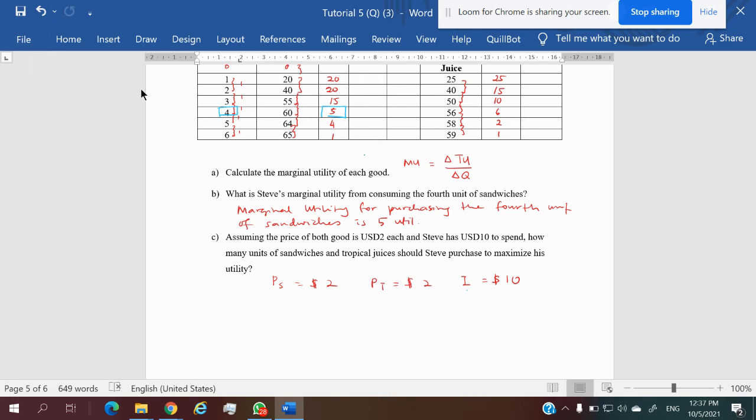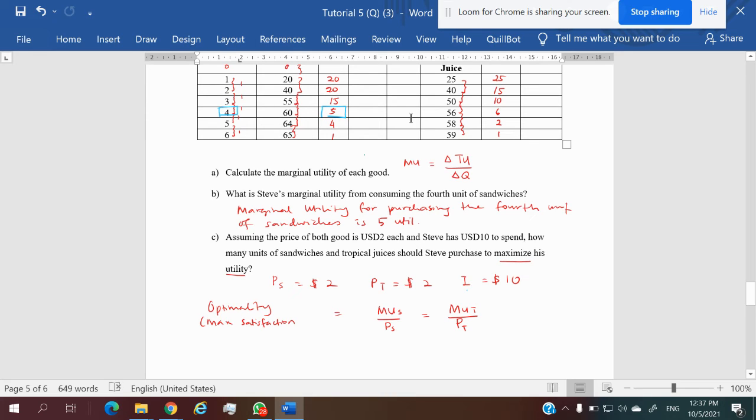Okay, class. Here we want to find the point where the consumer can maximize their utility or satisfaction. So what is the formula that we will use, class? Yes, as usual, the optimality formula, where you maximize your satisfaction or utility, is MUS over PS equal to MUT over PT.